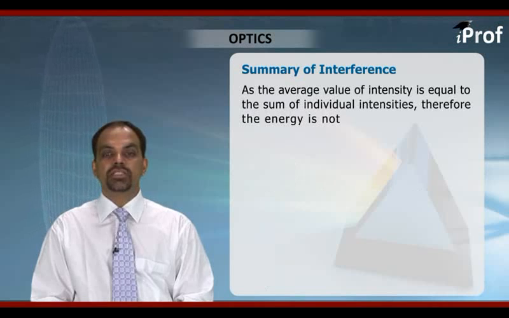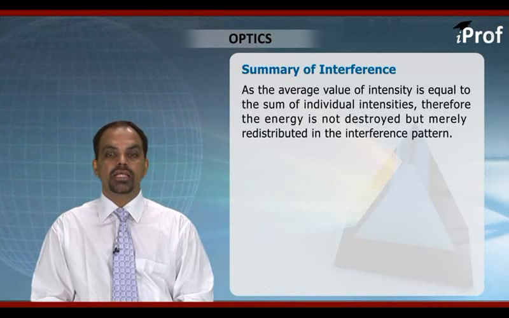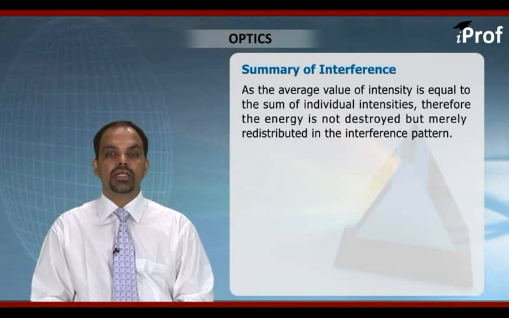Now as the average value of intensity is equal to the sum of individual intensities, therefore energy is not destroyed, merely redistributed in the interference region.